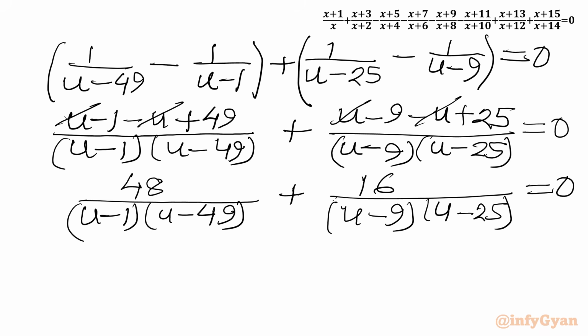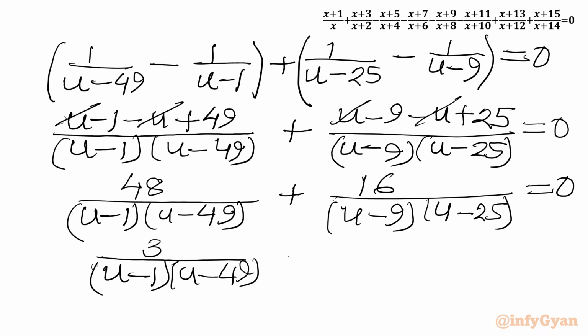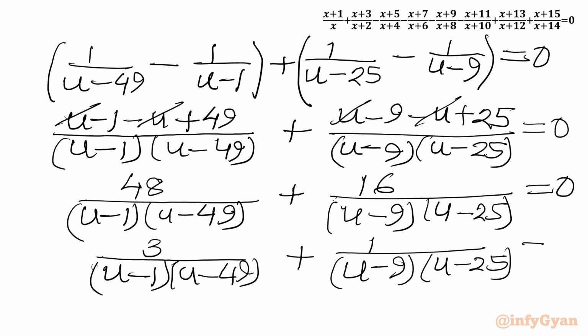So we will divide both sides by 16 and get 3 over u minus 1 times u minus 49 plus 1 over u minus 9 times u minus 25 equal to 0.